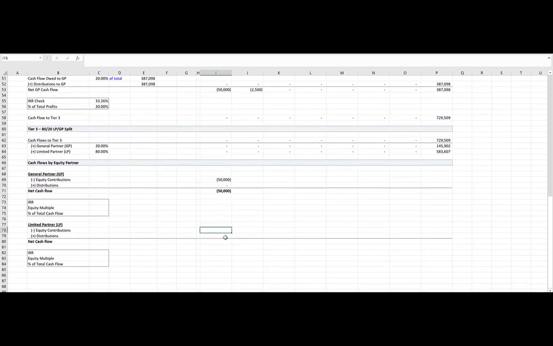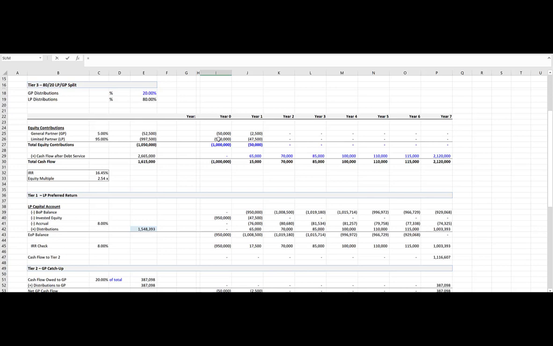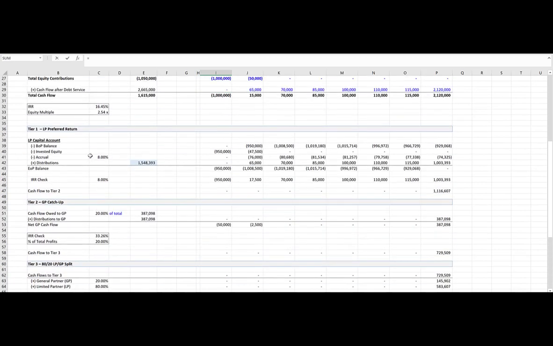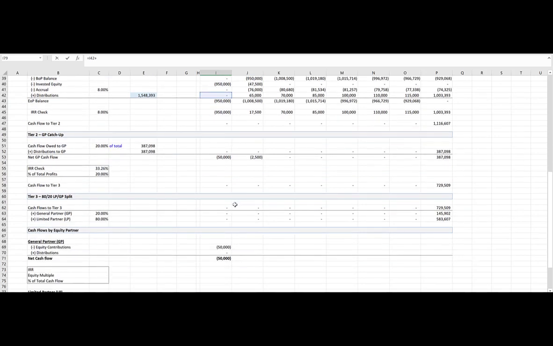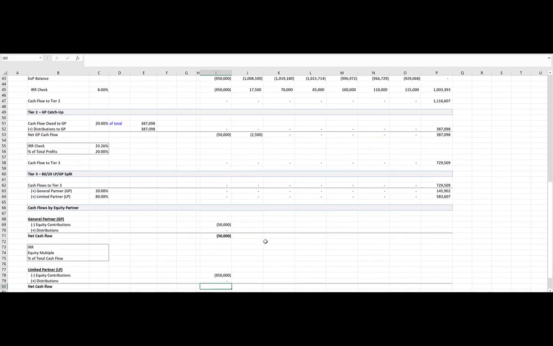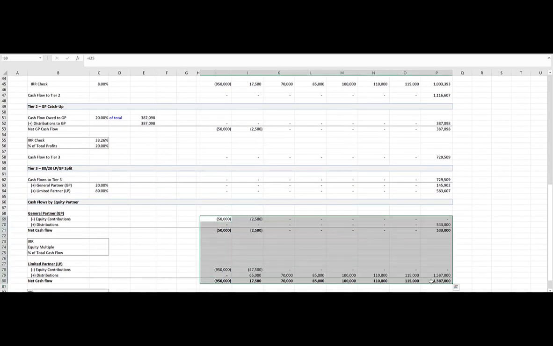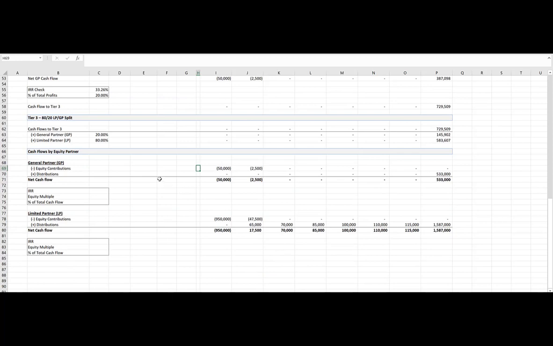And we'll do the same thing here for the LP. So the LP contributed in row 26. And then the distributions were in Tier 1 and in Tier 3. And we'll sum those up. Copy across. And we'll sum everything up for each of the rows.